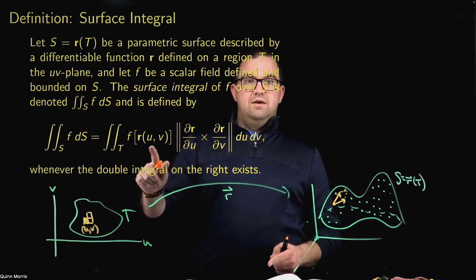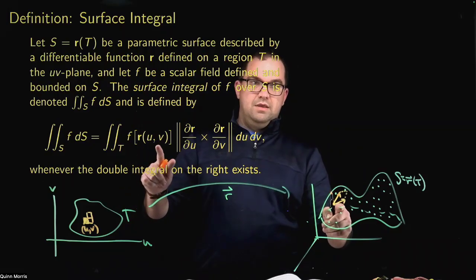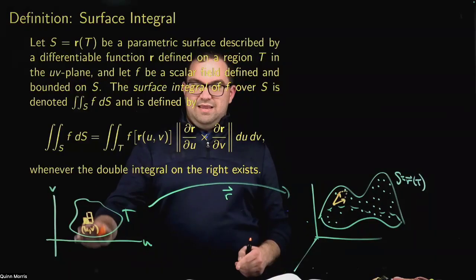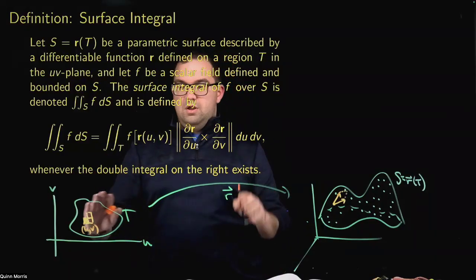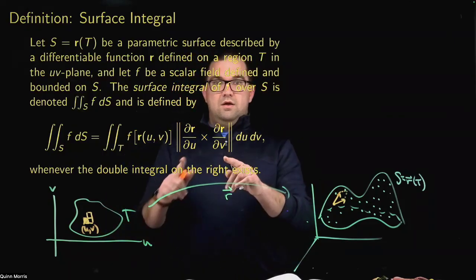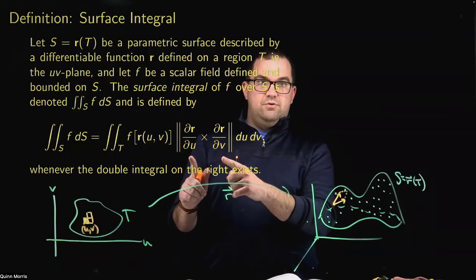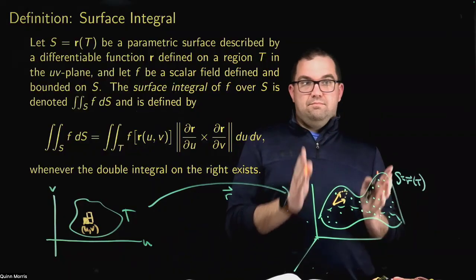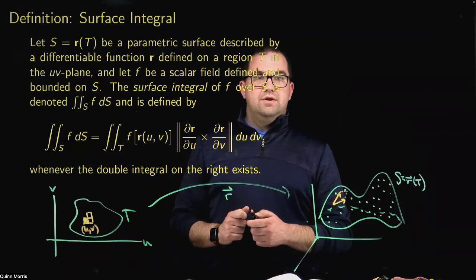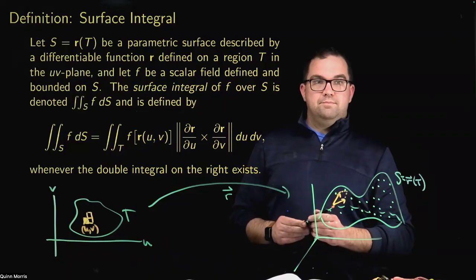So the UV gets plugged into R, so it gets mapped to my surface and then plugged into the function. And then I also multiply by this magnification factor, which helps me understand that even though when I'm calculating this double integral, I may be weighting u and v equally, this mapping R does not necessarily weight all u and v values equally. It magnifies and possibly compresses them locally, and that's what comes from this factor here, the norm of dr du cross dr dv. Okay. All right.